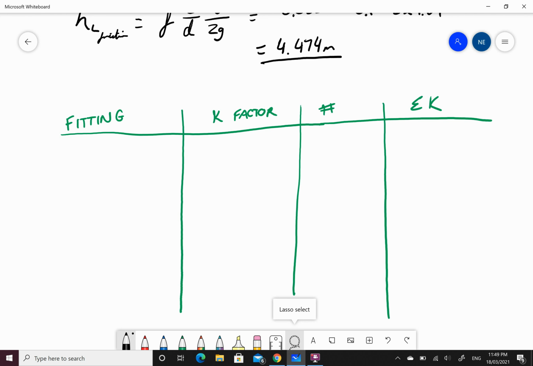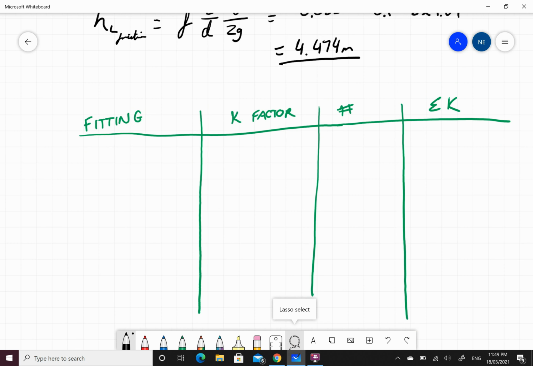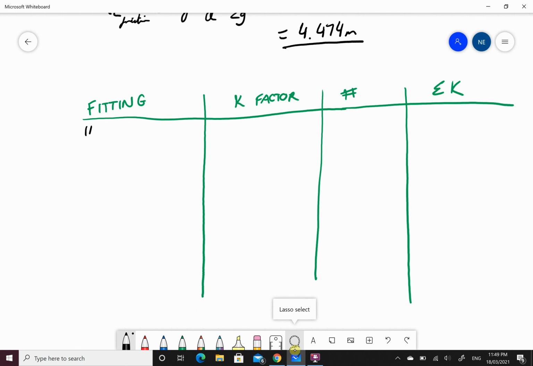So let's look at the first one. Let's start from the bottom of our network. What I have is this hinged foot valve with strainer. Now the K factor for that, where do I find it?